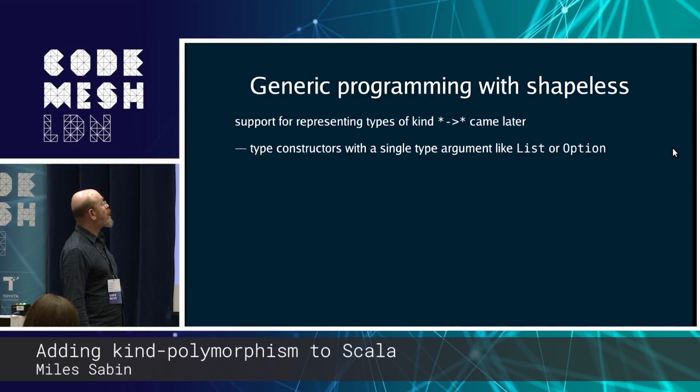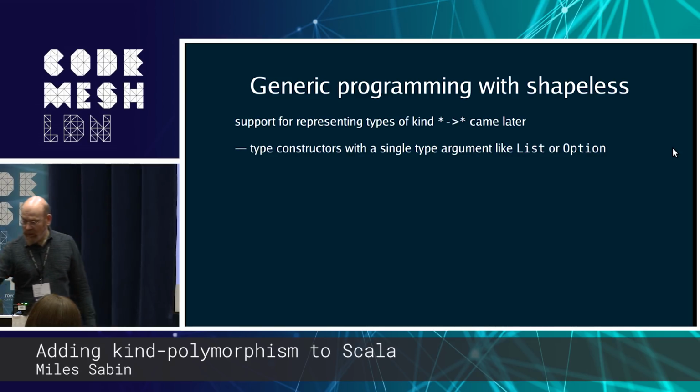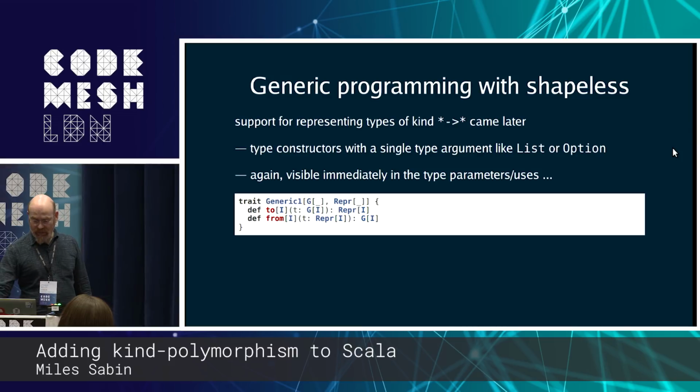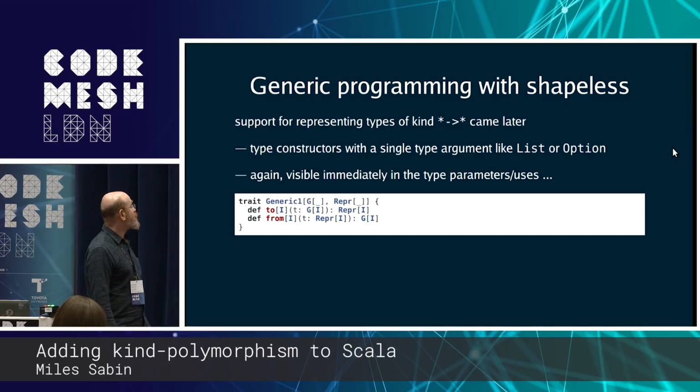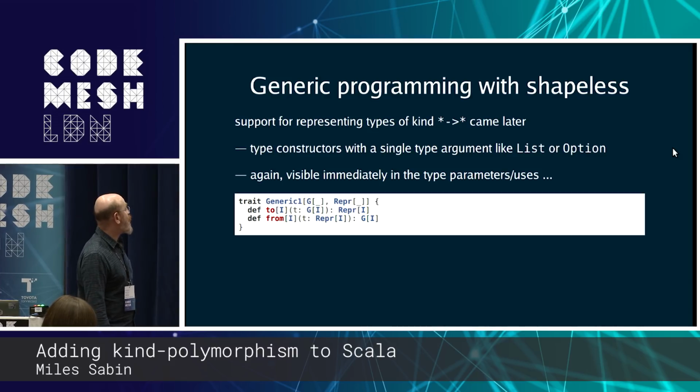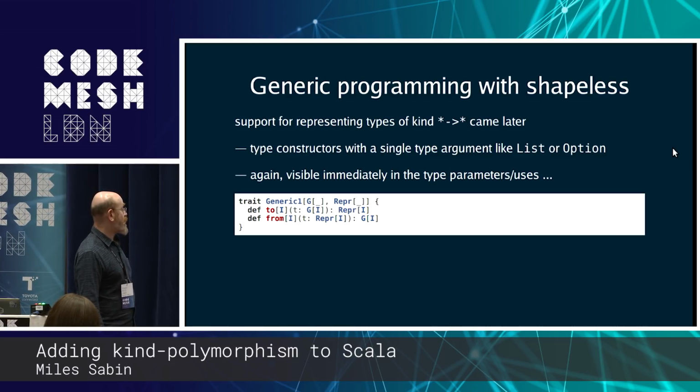So, for example, types like List or Option, and to handle cases like these, Shapeless acquired a second generic type class, Generic1. Generic1 is, rather than being indexed by types of kind star, now indexed by types of kind star arrow star.